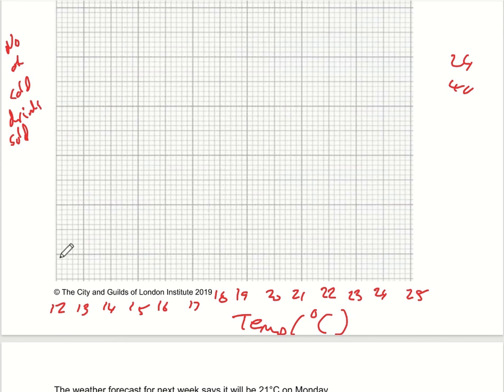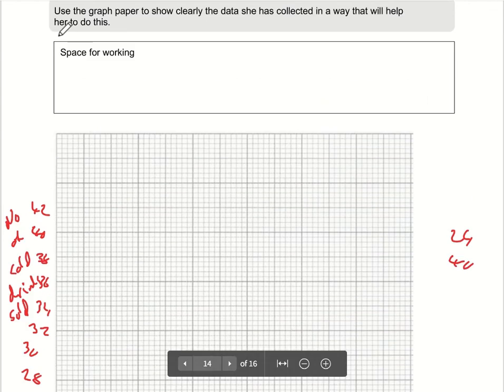Yeah, we'll have to do that, otherwise we're going to get a bit of wasted space. So let's start off here with 22, 24, 26, 28, 30, 32, 34, 36, 38, 40, and I'll just put a 42 on the top there.